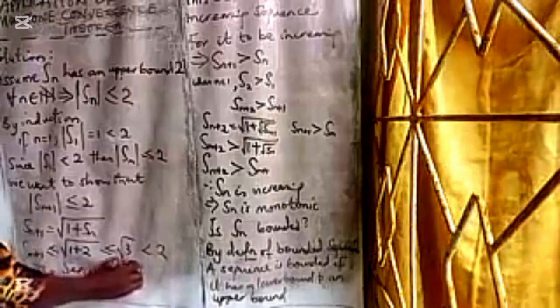Therefore, we can conclude that the sequence is bounded. And if the sequence is both monotone and bounded, therefore, by MCT, the sequence is convergent.